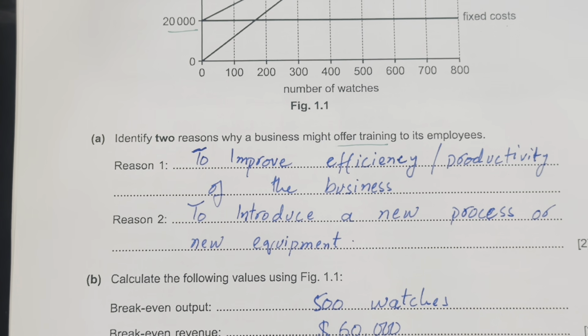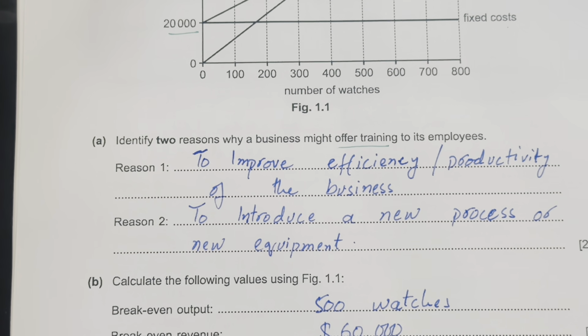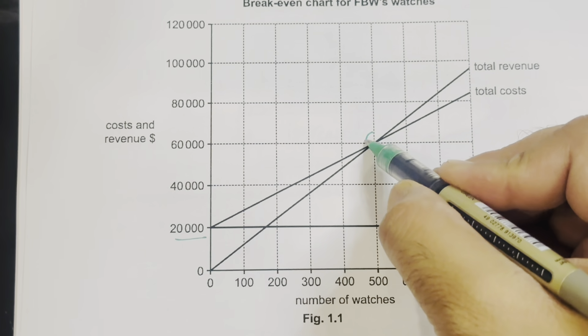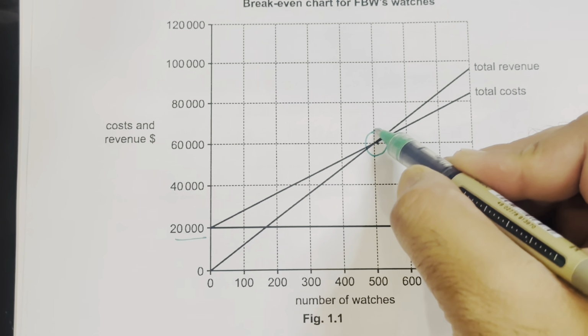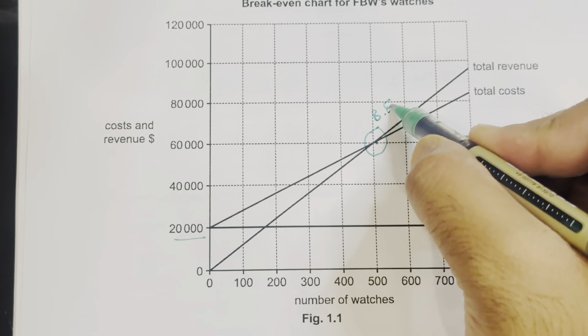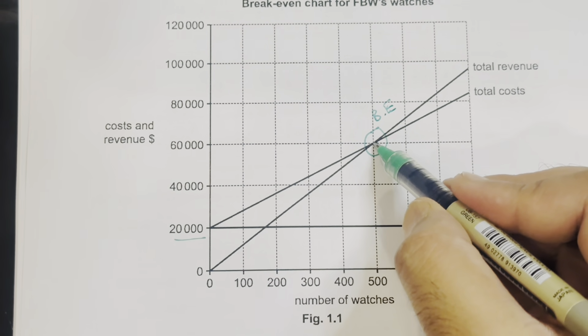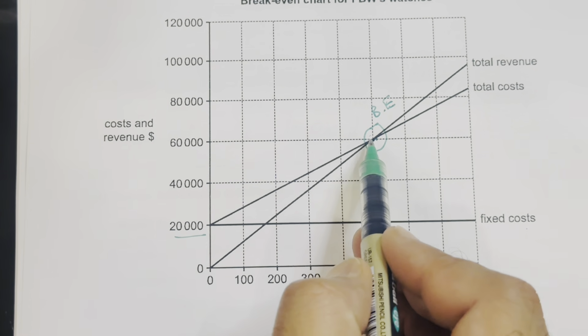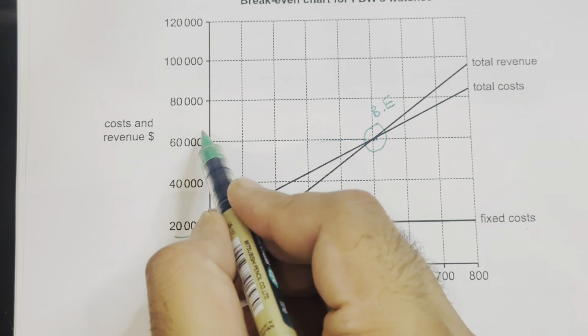Calculate the following values using Figure 1.1: break-even output. Looking at the chart, this is the break-even point. You can say BE, the break-even point, is 500 watches, and the cost and revenue value corresponding to that is 60,000.